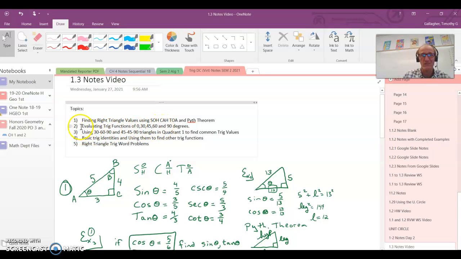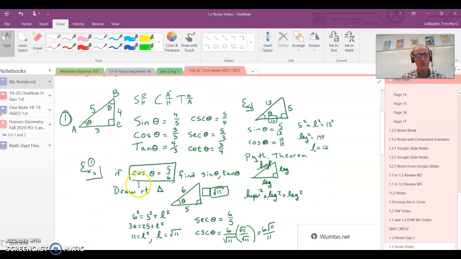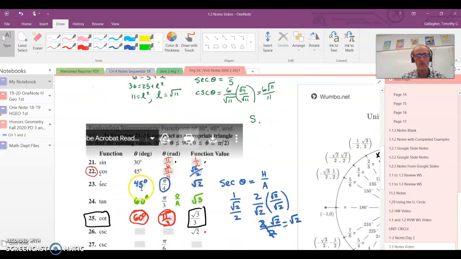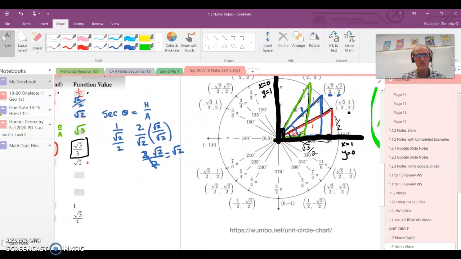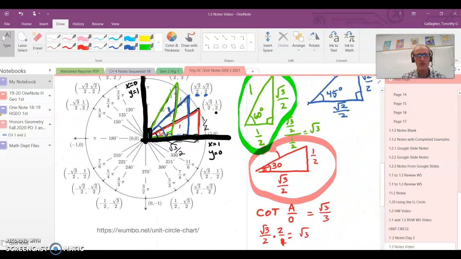Now that's kind of like part 2, so I think we can combine these two to get a handle on the 30, 60, 90 and 45, 45, 90 triangles. Alright, so I will consider this video part 2 and part 3. And it really involves using the 30, 60, 90 and the 45, 45, 90 triangle.